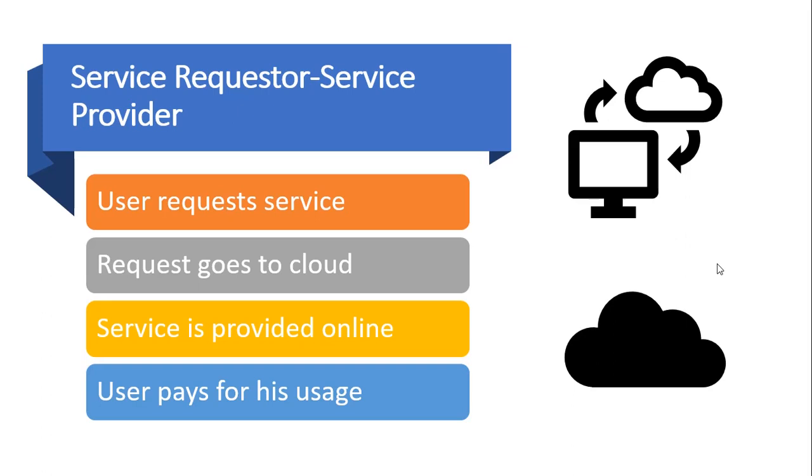So a user requests a service and the request goes to the cloud. The requested service is provided online, the request is served online, and the user pays for his usage. The user is paying only for the time he is using the service. That's it. He is not going to permanently purchase the service. He is paying based on his usage of the service and he is accessing the service online. So think about the flexibility it provides.